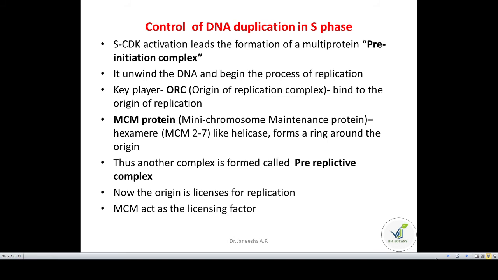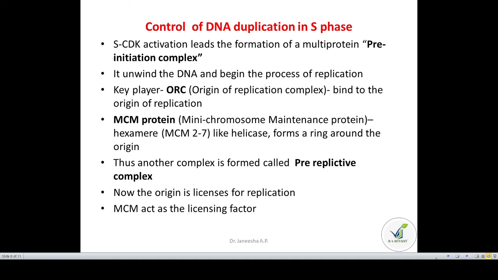Then we know the cell cycle has the S phase, that is a synthetic phase. During S phase, the chromosome replication occurs, that is the content of chromosome is doubled. How is the duplication controlled in S phase? Let's check.